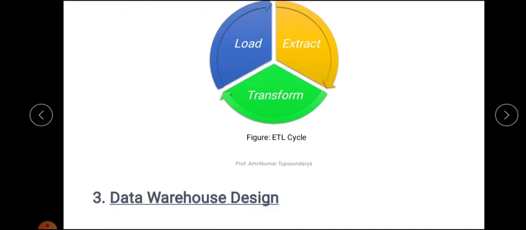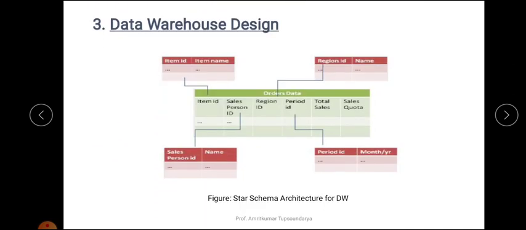Now moving on to the third element of the data warehousing architecture, the data warehouse design. Predominantly, like I mentioned minutes ago, the star schema architecture is one of the predominant architectures preferred for data warehousing.